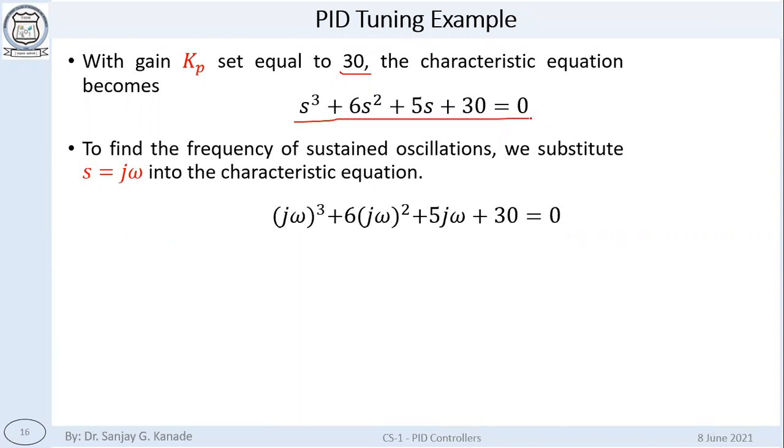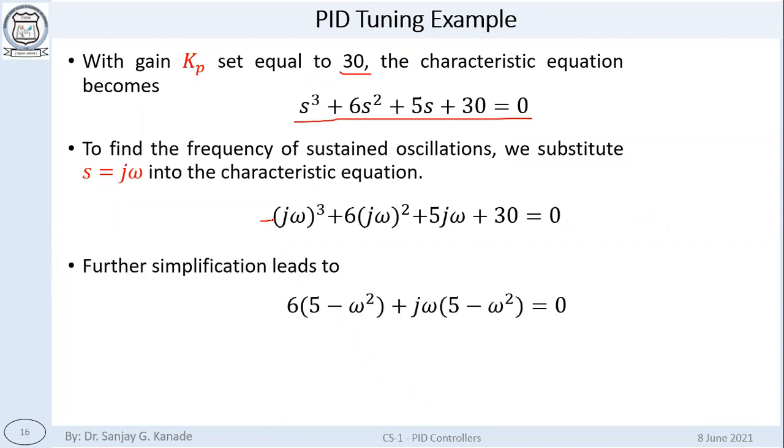At sustained oscillations, the poles are on the imaginary axis, meaning real part equal to 0, meaning s equal to only j omega. That's why we have substituted s equal to j omega in the equation. So the equation is now j omega cube plus 6 j omega squared plus 5 j omega plus 30 equal to 0.